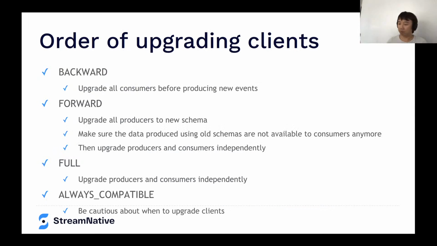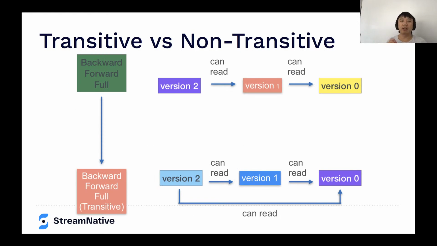Then, sorry, let me go back to cover a bit about the transitive and non-transitive discussion. By default, at least at the very early stage when we introduced schema registry, we only had backward, forward, and full.